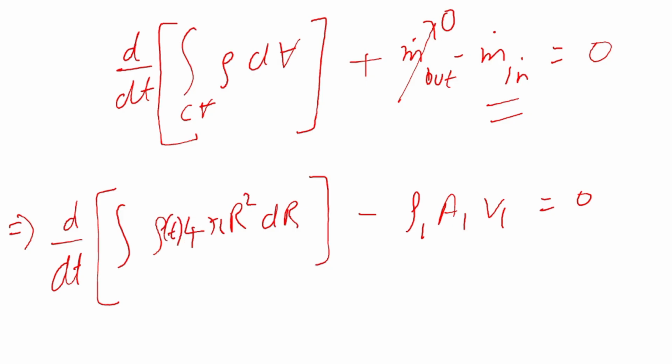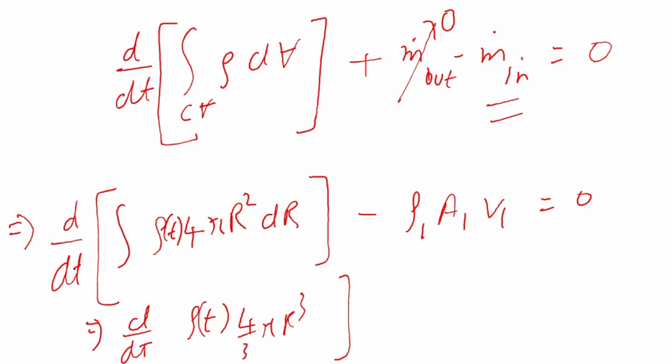If you assume rho to be a function of just time, then you can integrate this, and it will come out to be rho times 4/3 pi r cubed, which is nothing but the volume of a sphere.